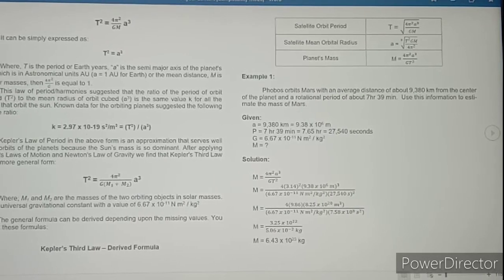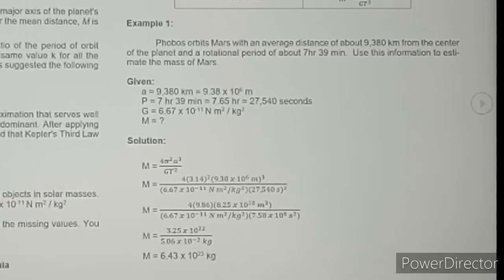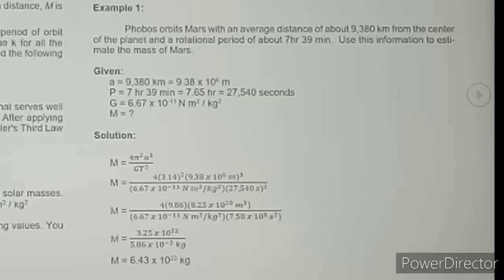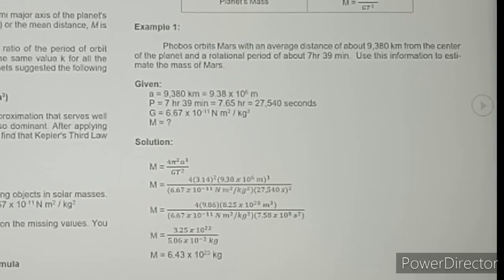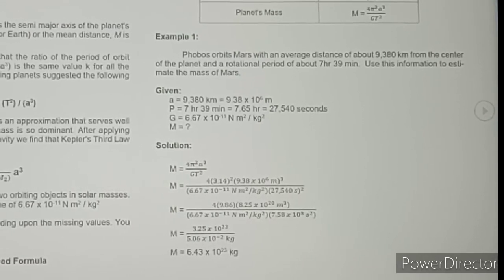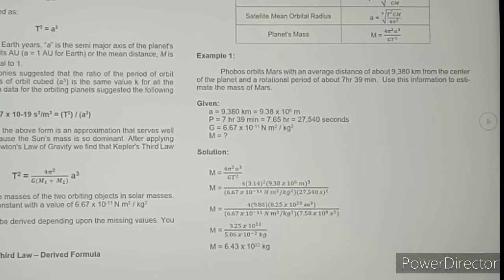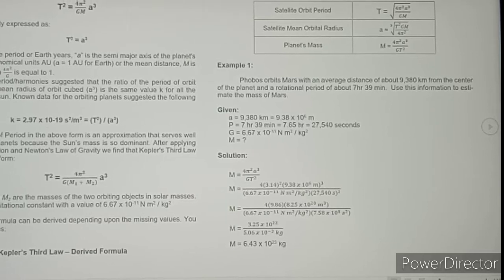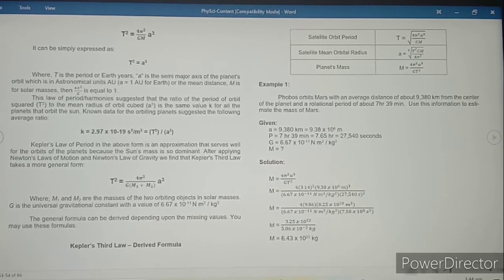So, as you can observe on the given word problem, we have here the given distance. And that distance, or yung average distance, which is the 9,380 kilometers from the center of the planet, yun yung ilalagay na value for a. Okay? Kasi siya yung ating radius of orbit.